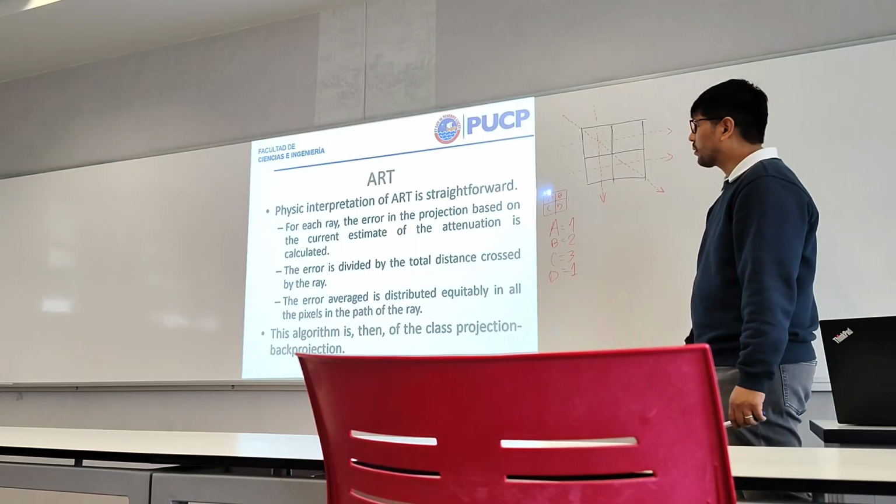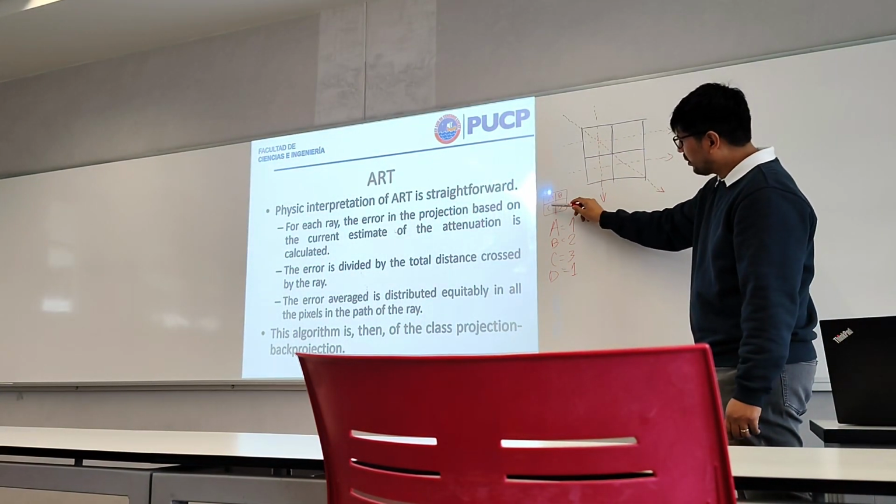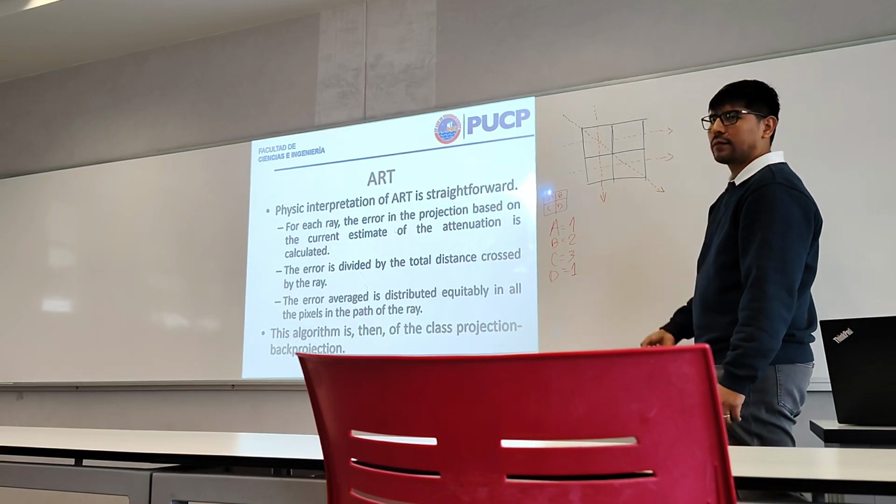ABCD has this attenuation. It means the attenuation is 1, 2, 3, 1.